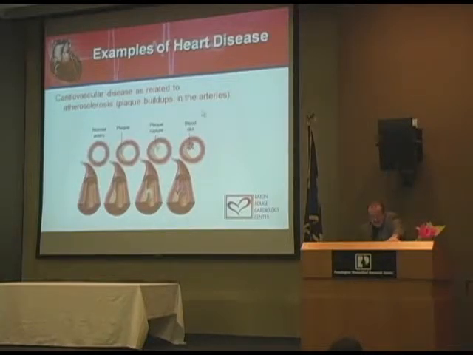You see on the left there, you have a normal artery, and as we age and have risk factors, whether it be diabetes or hypertension, cholesterol, you develop blockages in these arteries, and the blockage can get worse. Now, this blockage is a plaque. Well, what is a plaque? It's calcium, it's blood products, it's cholesterol, it's lipids, it's fats. It's all the things that we don't do right that helps a plaque form in these arteries.